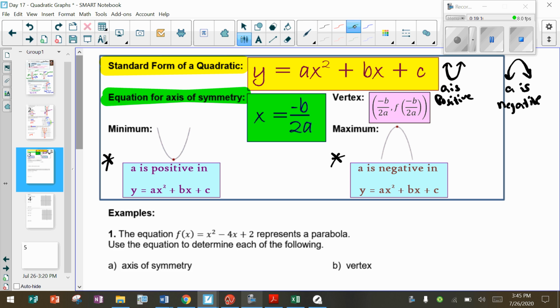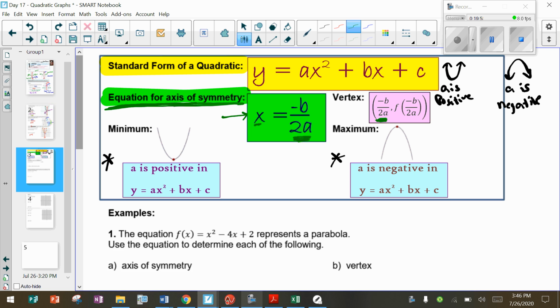The equation for our axis of symmetry, we're going to use this equation when we don't have a graph. When we have an equation and nothing else, and we're asked to find the axis of symmetry, this is the equation we use. Remembering that the x value of the axis of symmetry is always the same x value as the vertex, if x is equal to -b over 2a, then for our vertex point, the x value is equal to -b over 2a.